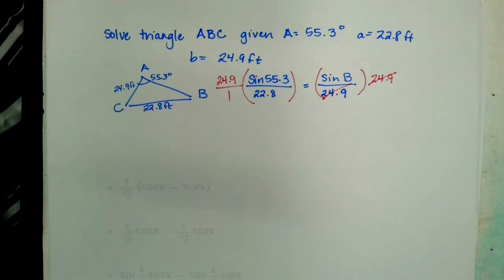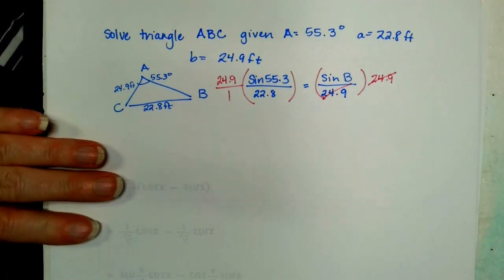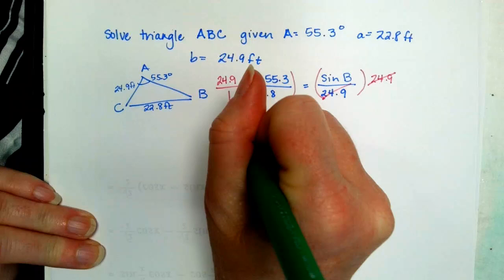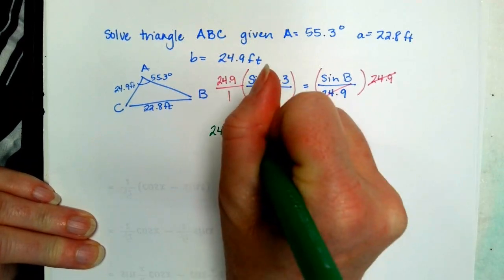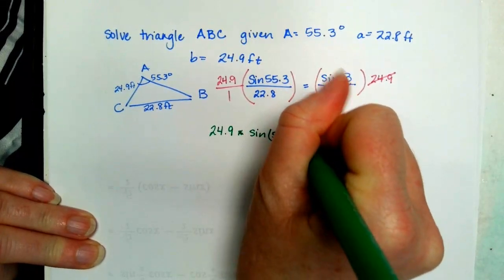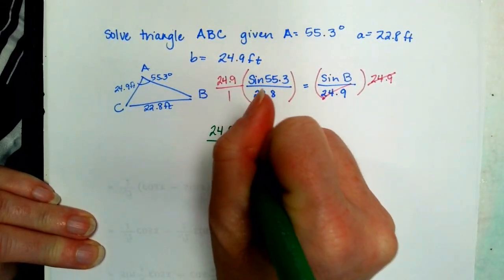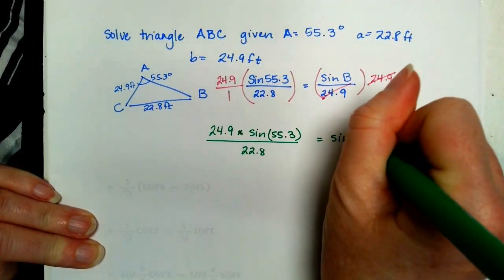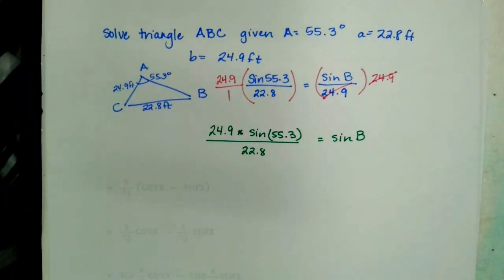On the left-hand side, I can write it all as one fraction. The 24.9 is being multiplied, so I can put it on top. So when I put it in my calculator, it's all going to be one big fraction like that. Okay, but right now, that equals sine of B.